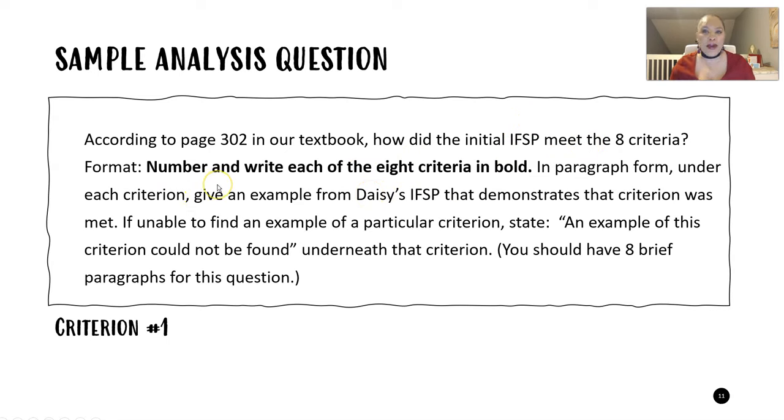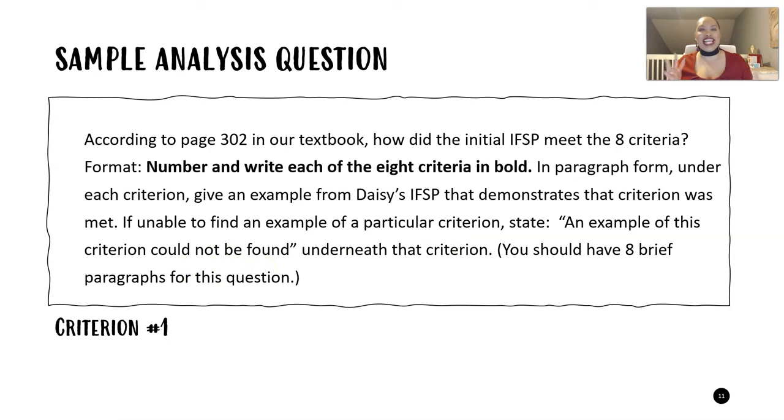They're going to number their papers from 1 to 8, look at each of them, and in paragraph form, give an example from Daisy's IFSP that demonstrates that criterion was met. But if it was not, they're going to simply state that an example of this criterion could not be found.